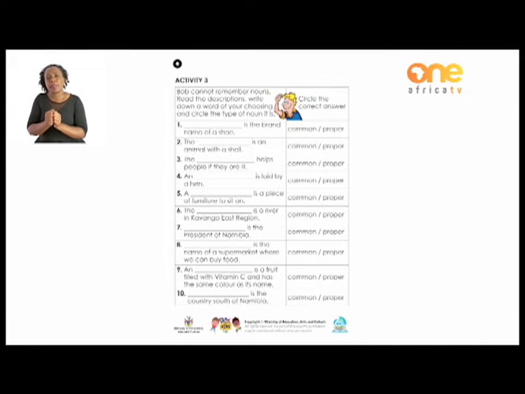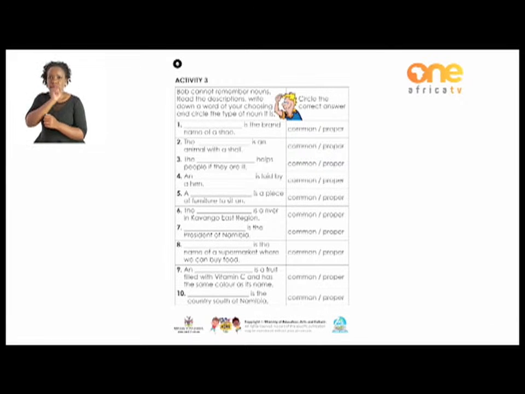So we would say Wayne Brenner is the brand name of a shoe. And we go to common and proper. That name, is it common or a proper noun? That should be a common noun.